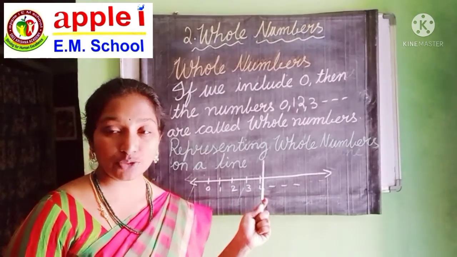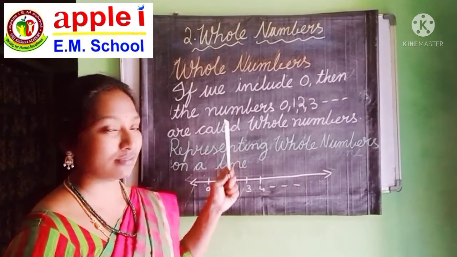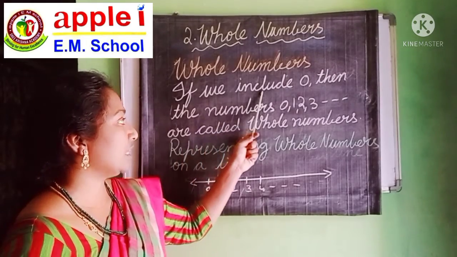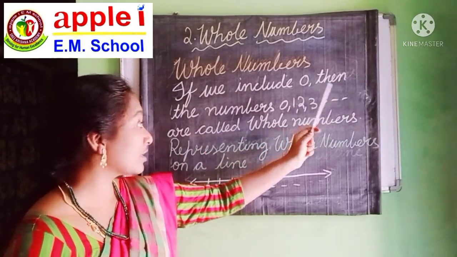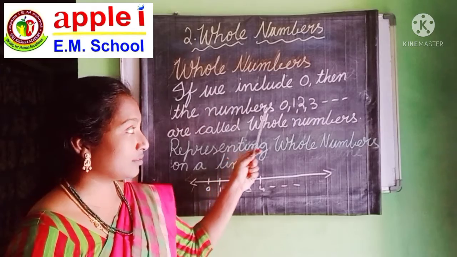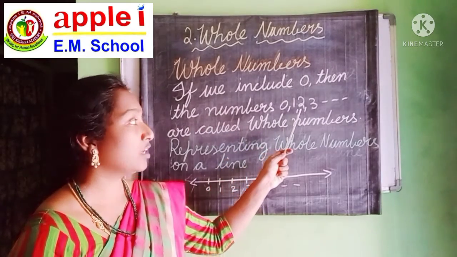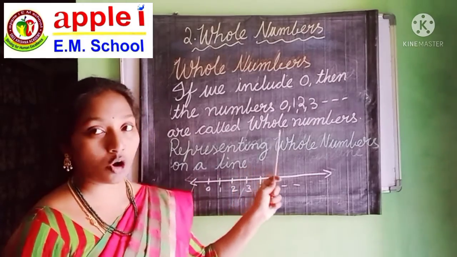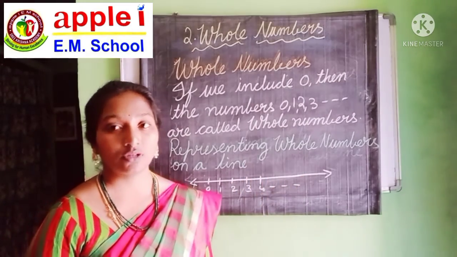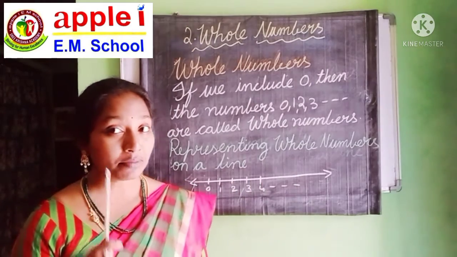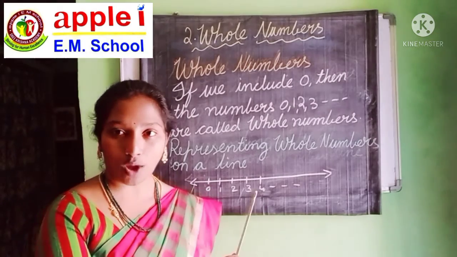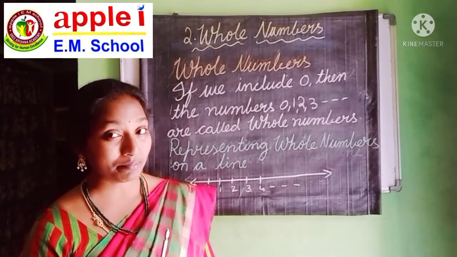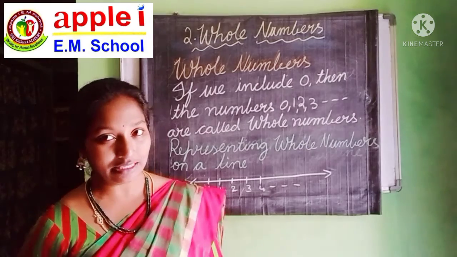The next one, whole numbers. If we include 0, then the numbers 0, 1, 2, 3, and so on are called whole numbers. So, natural numbers start from 1, whole numbers start from 0.